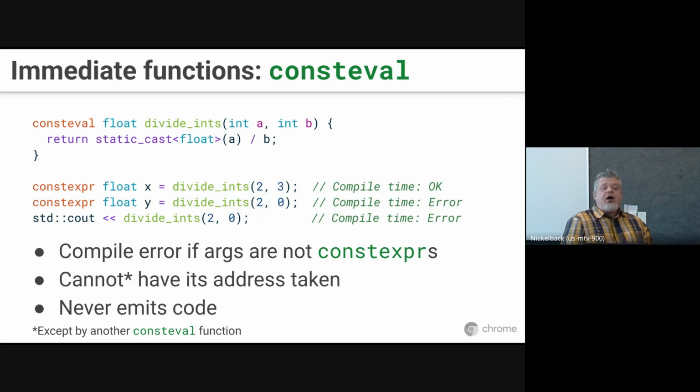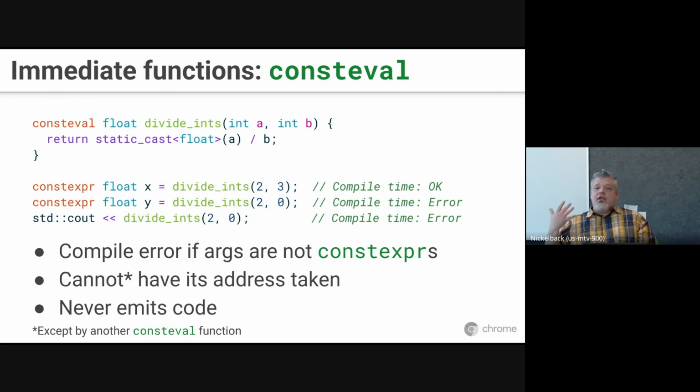So now divide ints, the first thing works fine, just like before, 2 divided by 3. And the second thing errors at compile time, just like before, 2 divided by 0. The third thing also won't compile now because we force it to be done at compile time, 2 divided by 0, and the compiler complains at us, which is probably better.